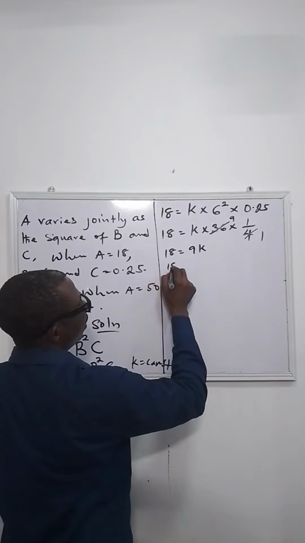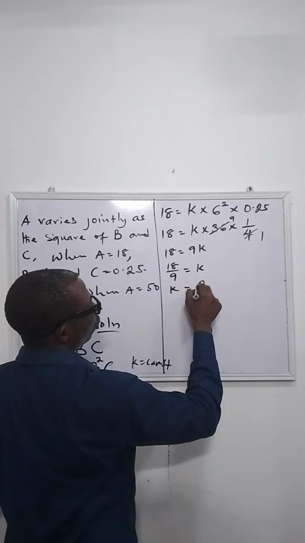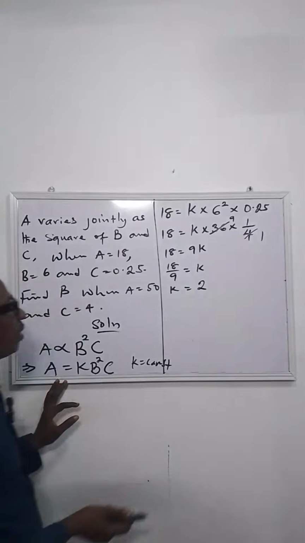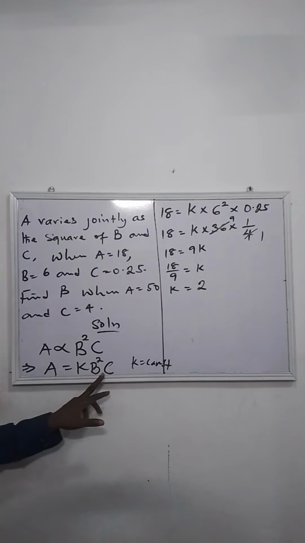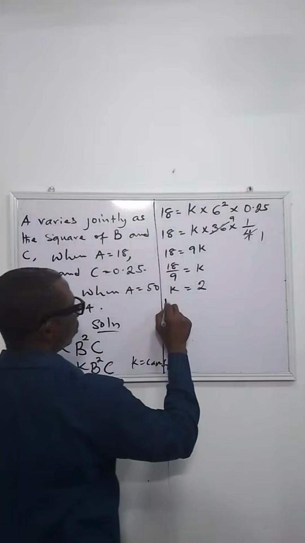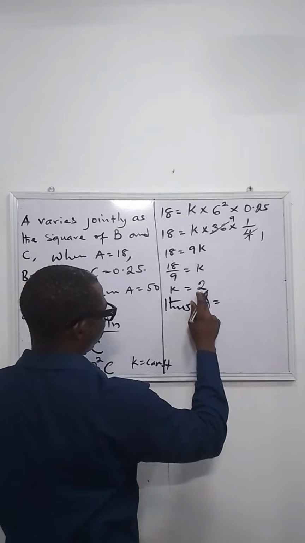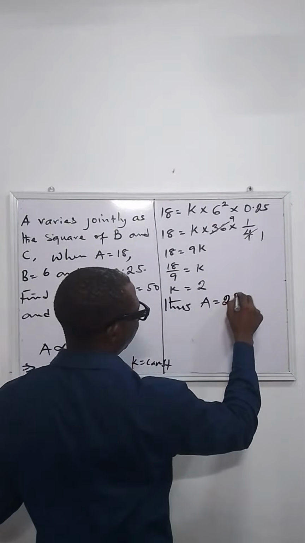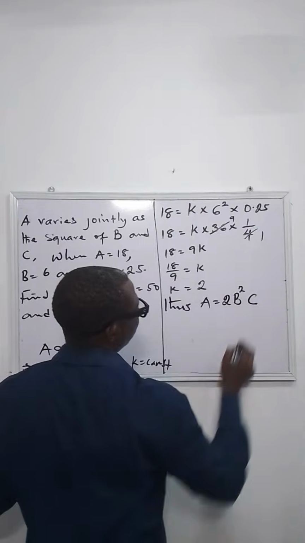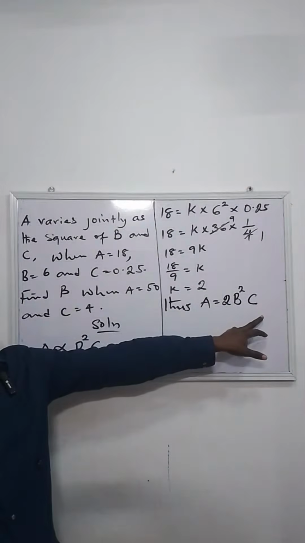So we have 18 over 9 equals K. So K is what? 2. So we can now get the relationship between A, B, and C. So thus, we have A equals, in place of this K now you put 2, so we have 2B squared C. So this is the relationship between A, B, and C.